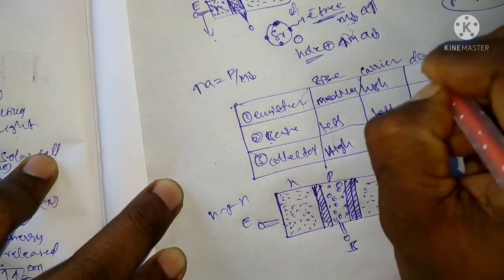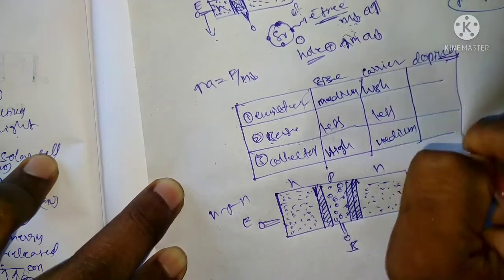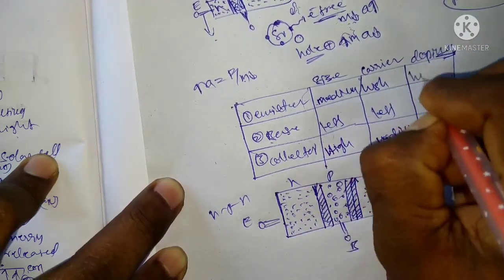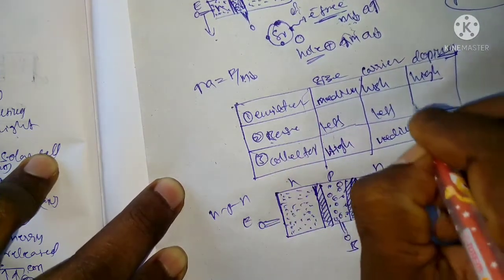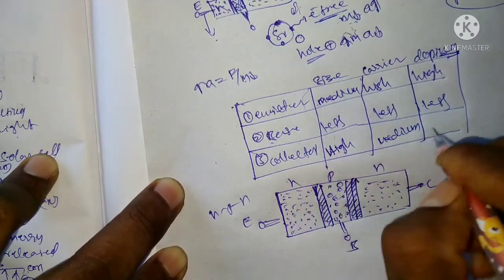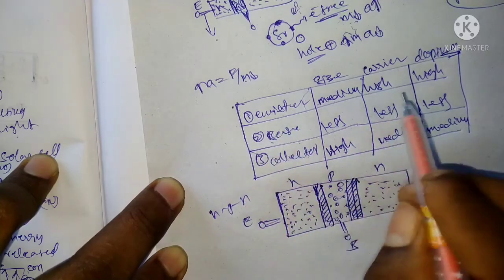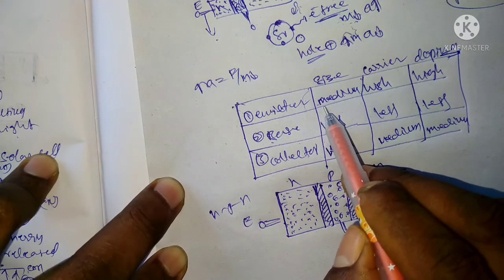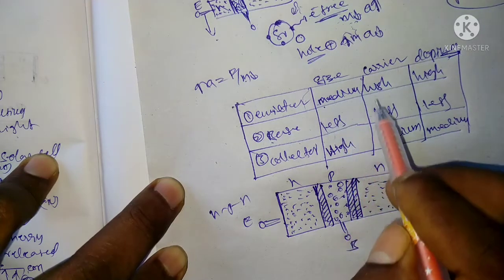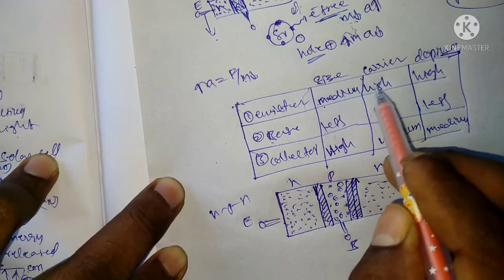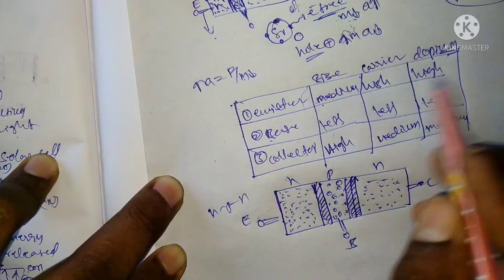Okay, next go to doping concentration. The emitter is the highly doped segment, the base is the less doped segment, and the collector is medium. The emitter has medium size, above the base and below the collector, and a high number of charge carriers, and it is highly doped.